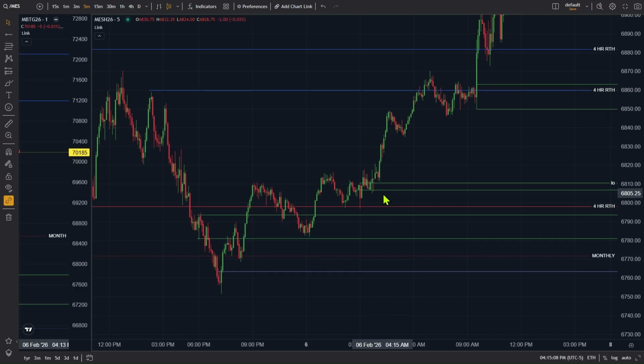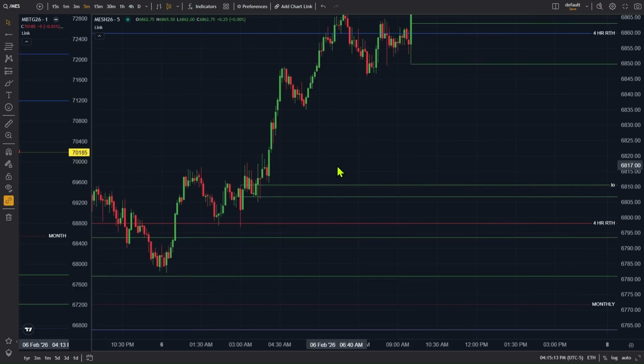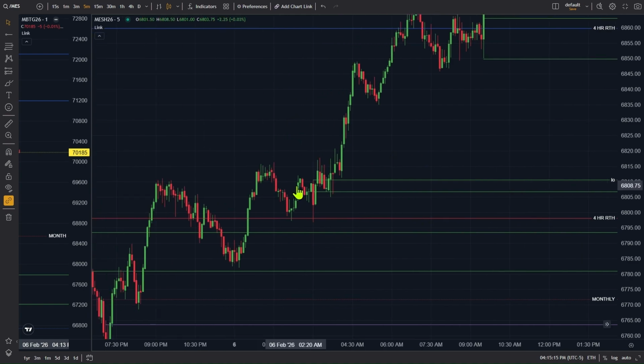I went to work and I came in at London and I marked out that same candle right here. This little 1 minute candle. I think this is it for London. The 3 a.m. candle is actually all the way down to here. Is that right? Yeah, that's a 3 a.m. candle right there. There's the low, there's the high.